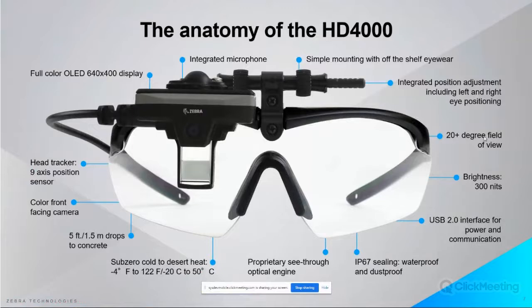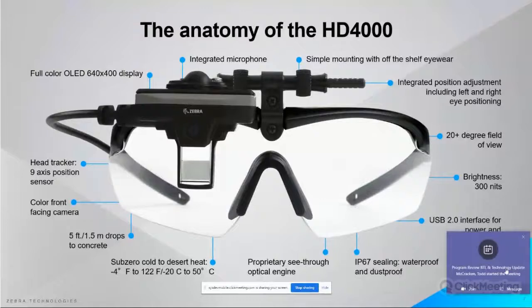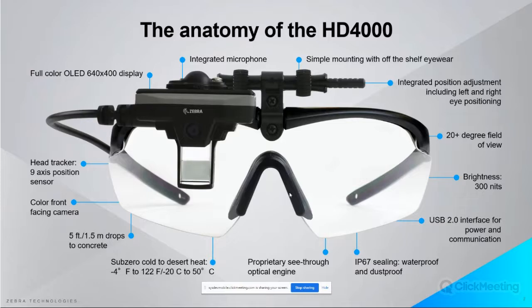So specification-wise, in addition to what I've just said, you've got a full color display, 640 by 400. That covers about 20 degrees of your field of view. There's a microphone in there. There are two options.